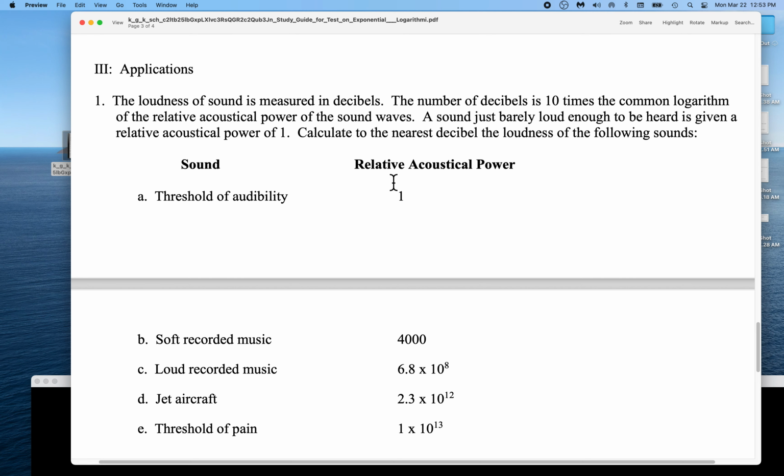And then they just give you the relative acoustic power, so you just have to take 10 times the log of each of these numbers. I'll do the first one or two, and then that's about it.